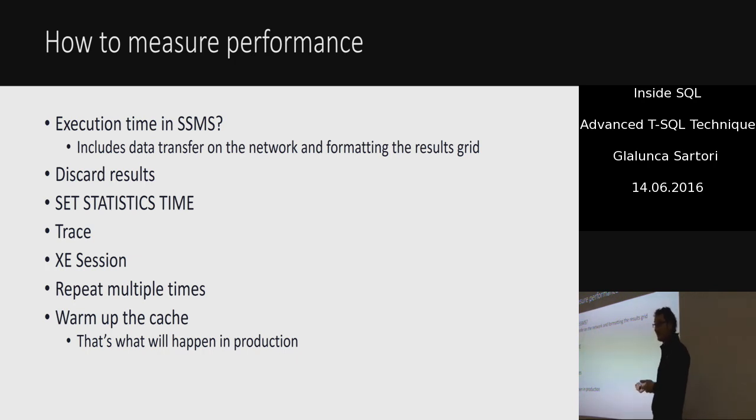If that piece of code will run against data that will probably be in the cache already in production, you will have to warm up the cache before taking your measurements. Otherwise, you keep it on disk. Or you can also force discarding the cache completely.